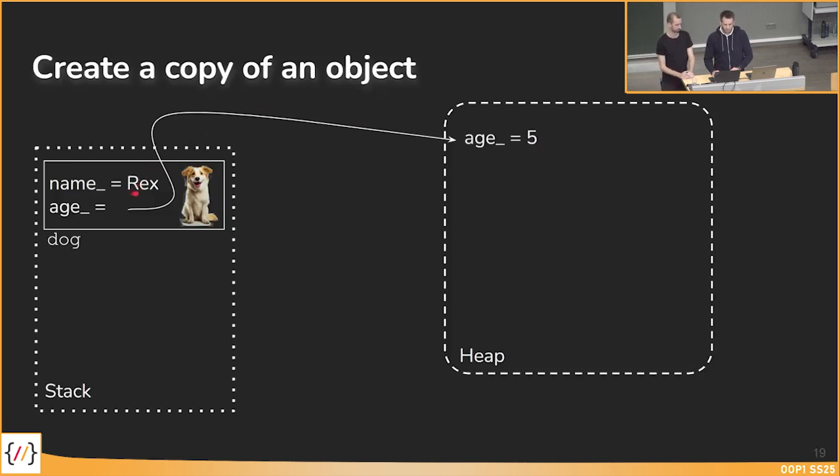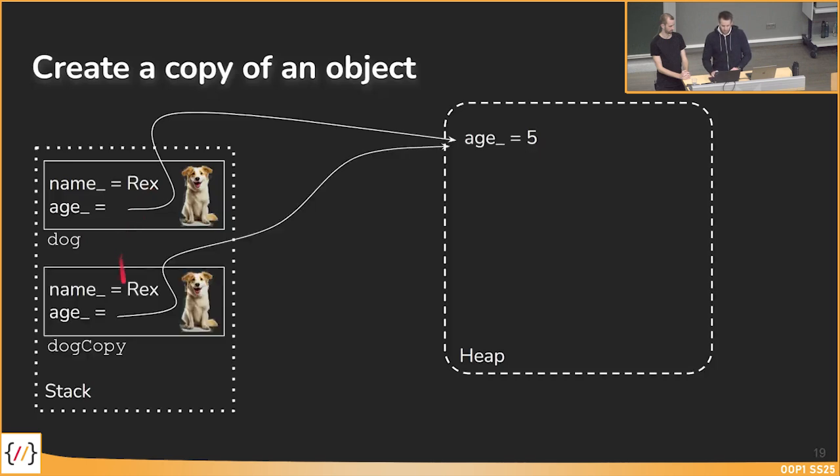So we copy this string here, and we also copy this pointer here, meaning that for our dog copy we have the same string which got copied and also the pointer that got copied, but we have for sure now the same pointer address pointing to the same memory on the heap.